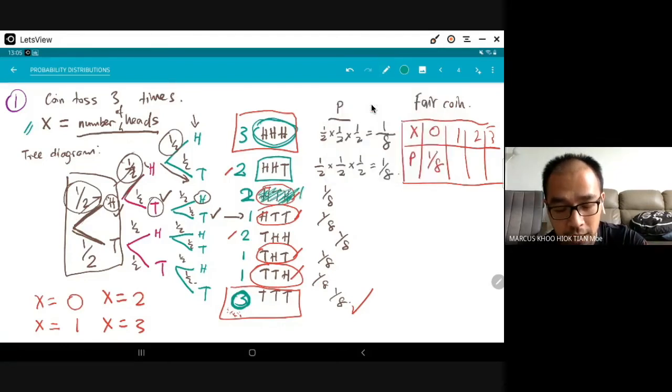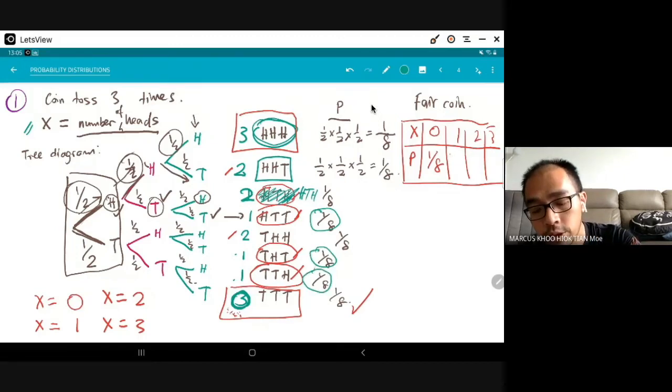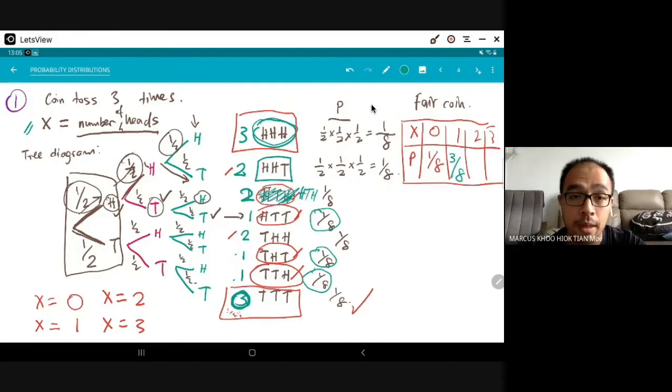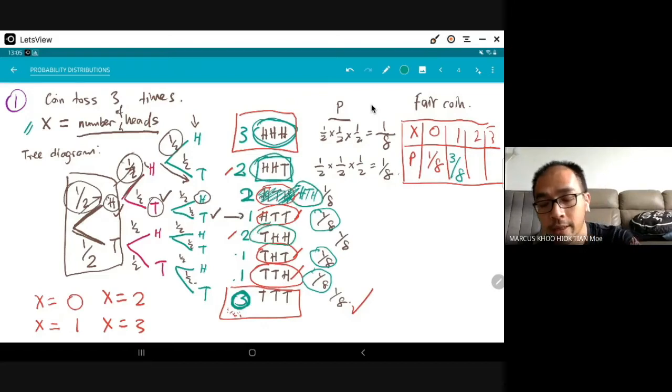This one is HTH, 2 heads. So only these 3. So 1/8 plus 1/8 plus 1/8 will give you 3/8. And then the same thing we do for when x equals 2. Total up the probabilities of 2 heads: 1/8 plus 1/8 plus 1/8, also 3/8. And the probability of 3 heads is only 1/8.